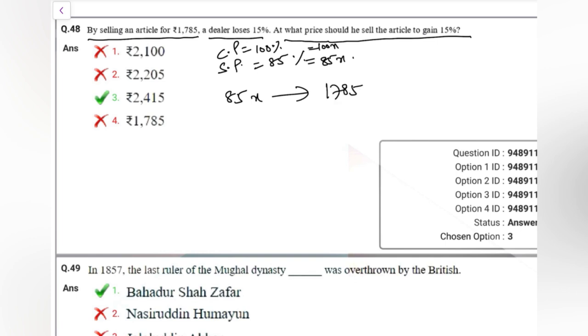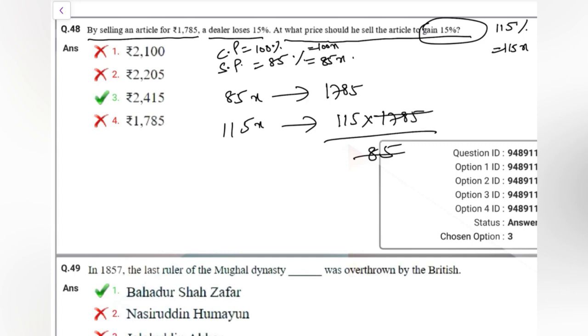To gain 15% means it is 115%. If 85x is equal to 1785, then 115x is equal to 115 into 1785 divided by 85. That is equal to 115 into 21, which is equal to 2415 rupees. So option 3 is correct.